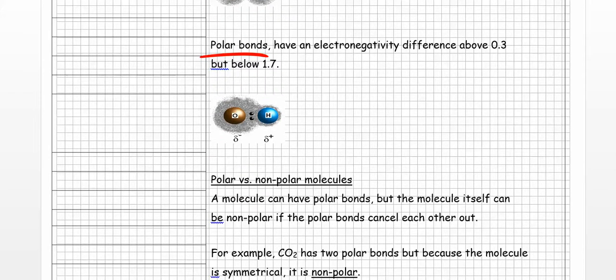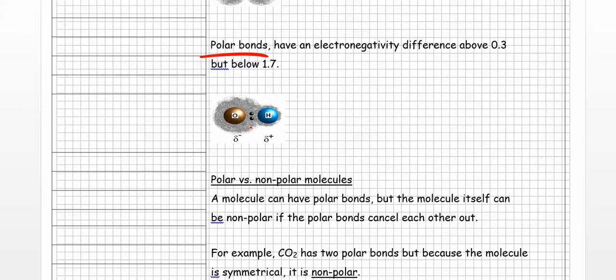For example, if we have an oxygen-hydrogen bond as shown, the electrons are going to be pulled more towards the oxygen than towards the hydrogen, because remember, oxygen is higher and to the right on the periodic table. It's going to have a greater electronegativity, and hydrogen is going to have a lower electronegativity. It's not going to be pulling those electrons as hard. So the electronegativity difference between these two is somewhere between 0.3 and 1.7. We call that a polar bond.